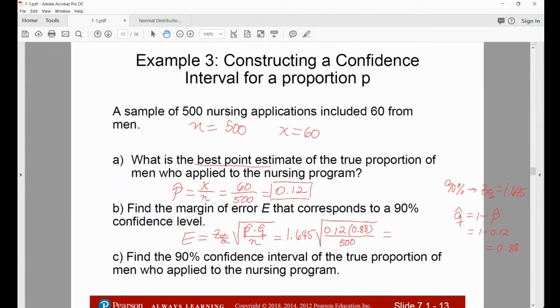So use your calculator and let me know what you obtain for the margin of error, rounded to 4 decimals. So what did you obtain? Yes, that will be the margin of error rounded to 4 decimals, 0.0239.